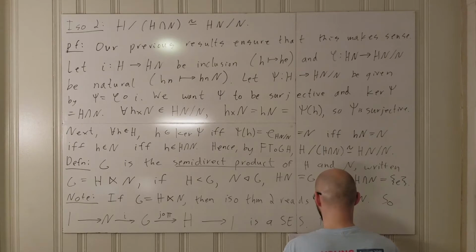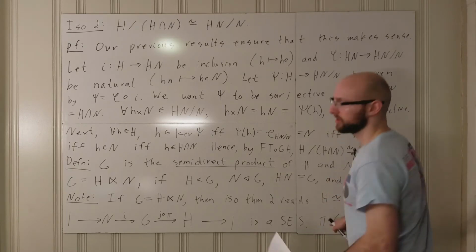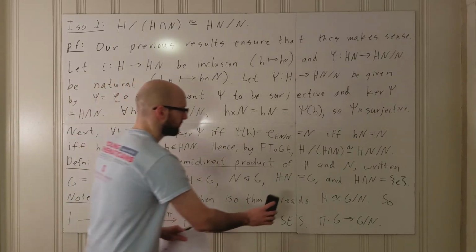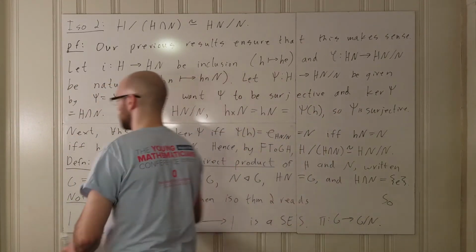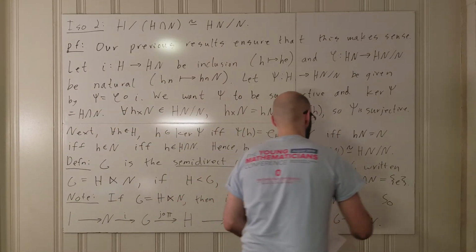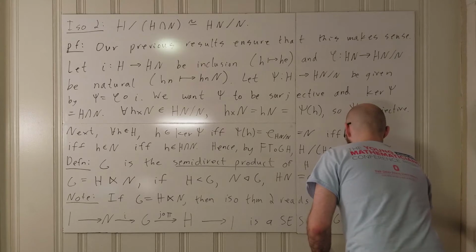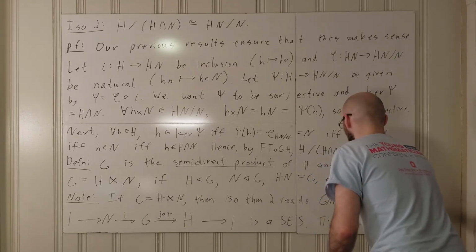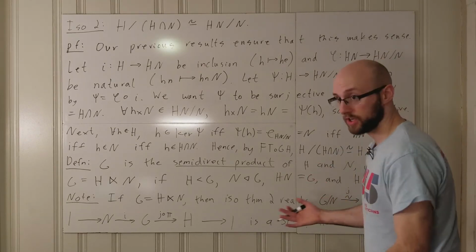Pi goes from G to G mod N, and that's just a projection map. And then here, H is isomorphic to G mod N. We're going to write this as G mod N can map isomorphically to H by some function, we'll call it j.